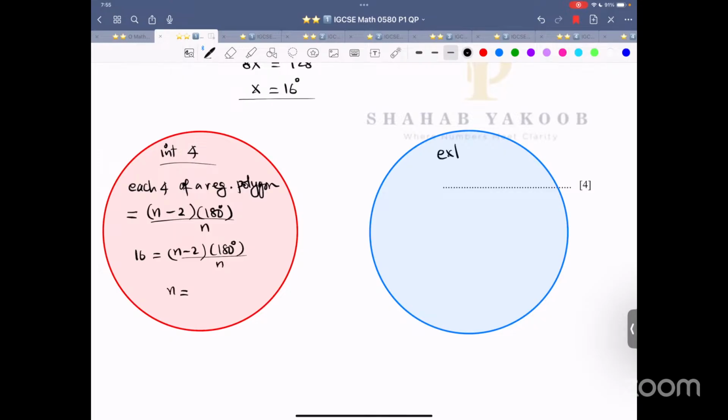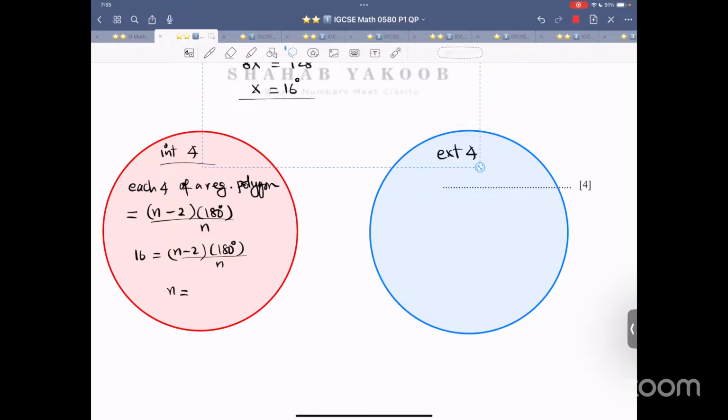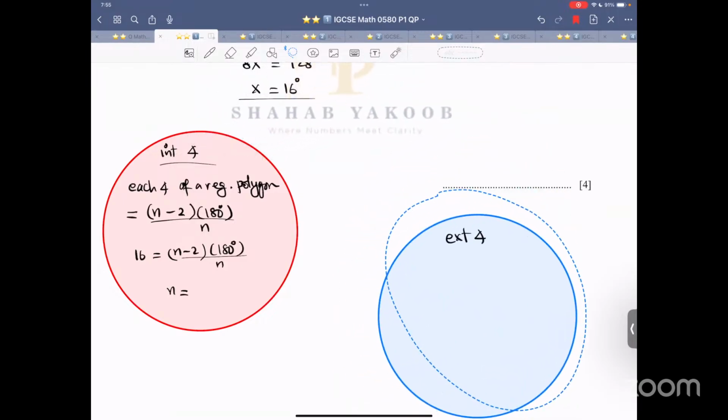If I want to work with exterior angle knowledge, let me remove this first. So what will I do?